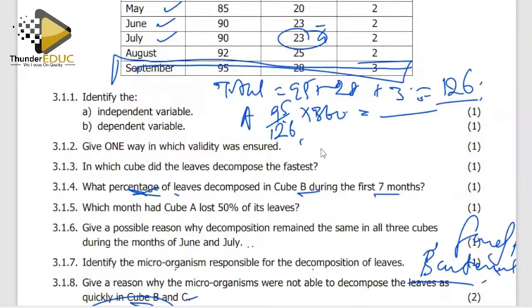Then I come to 28 out of 126 times 360. Then I continue to the last one, which is 3 out of 126 times 360. After that, I have to draw a pie chart.